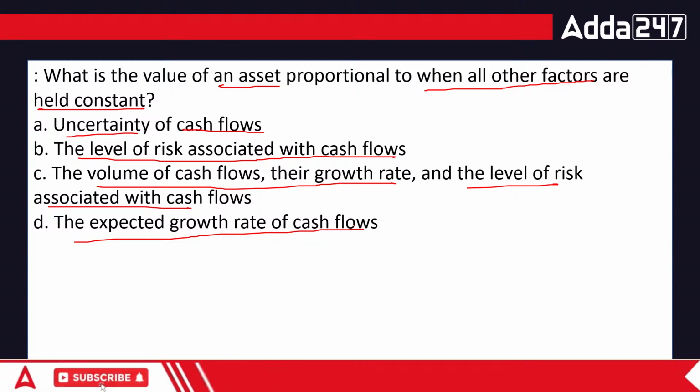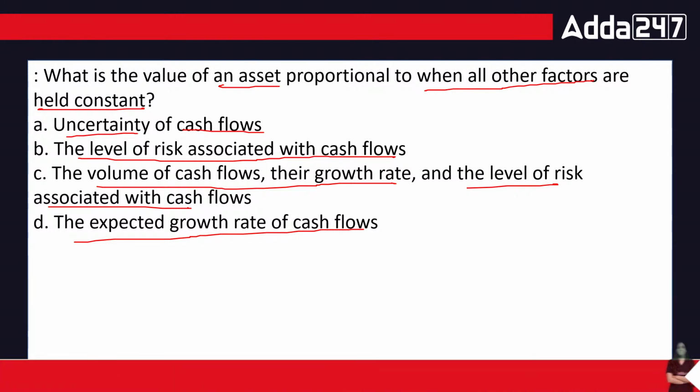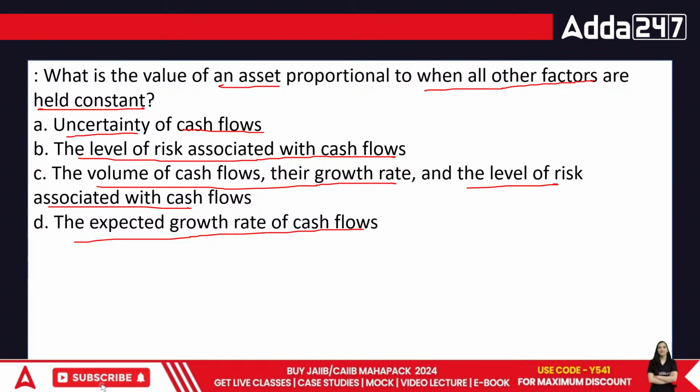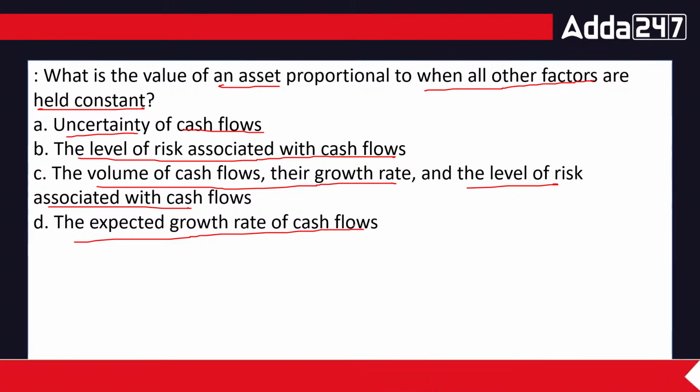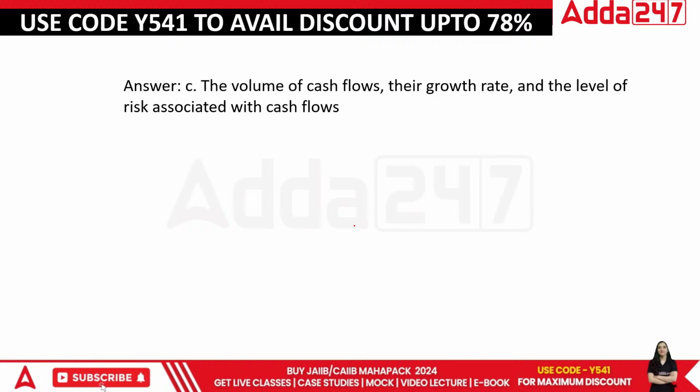If I have to buy a new laptop even, I'll buy it because it should help me earn more money. If it is not helping me, why would I buy a new laptop? Again, if I'm a business person, I should be thinking about my business first, right? The volume of the cash flows, their growth, and the level of risk associated.